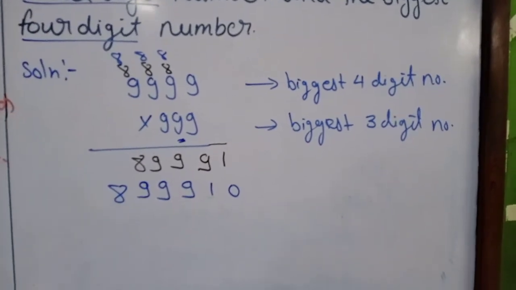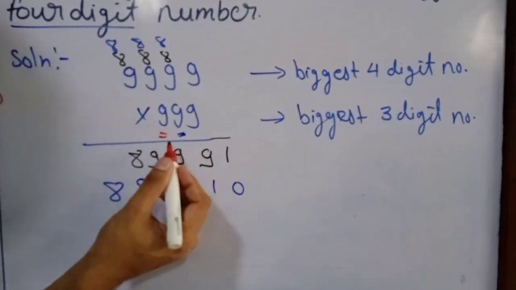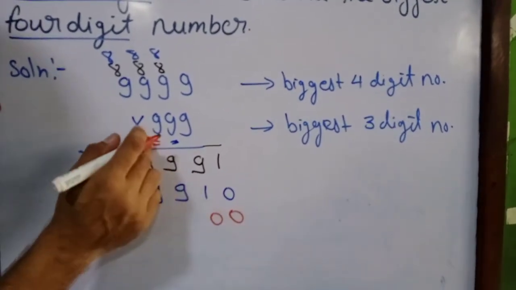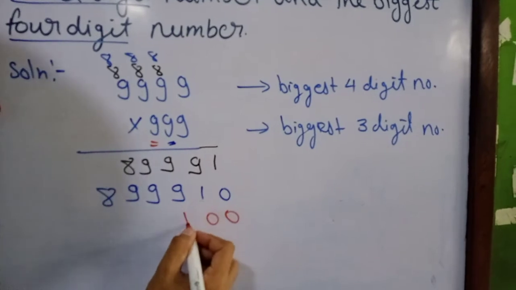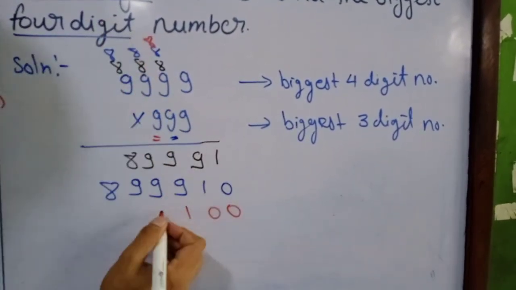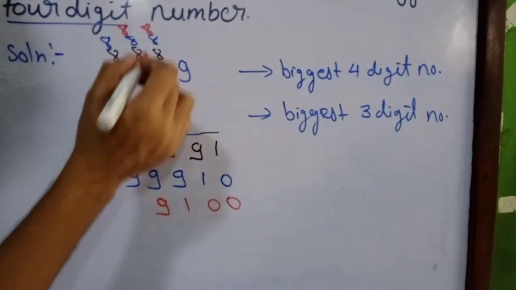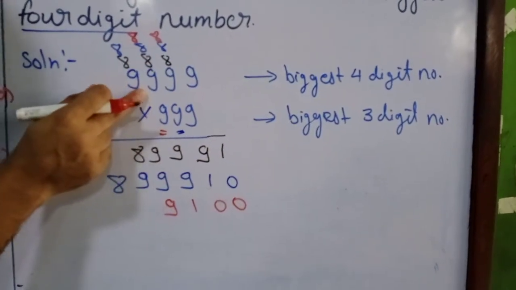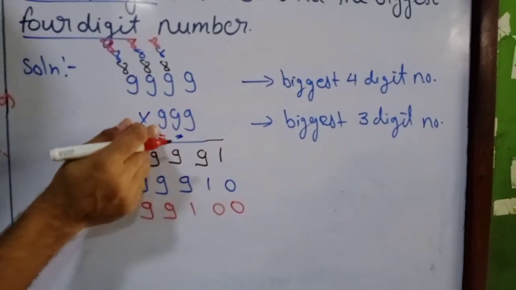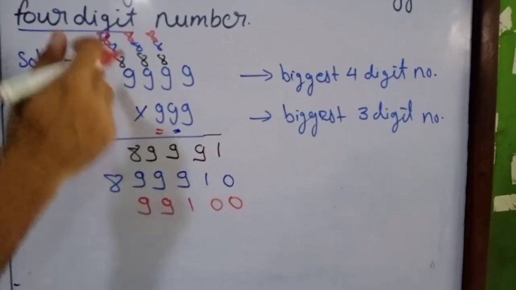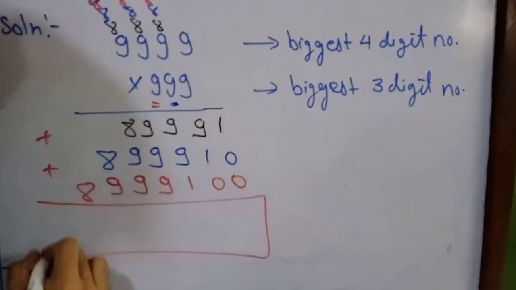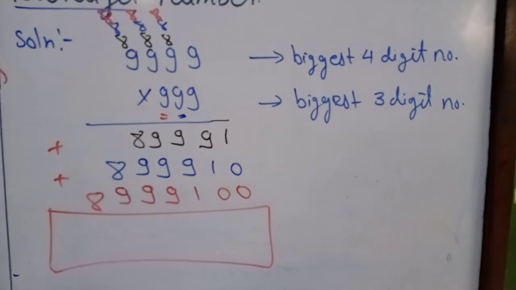Now we have to multiply with this number 9 at the place of 100. So first we have to put 2 zeros. Again we start. 9 9s are 81, 8 carry. The same steps repeat, ending with 89. So this way we have to write all these 3 numbers.